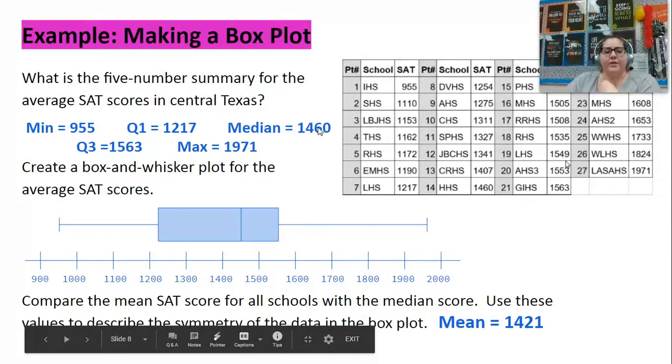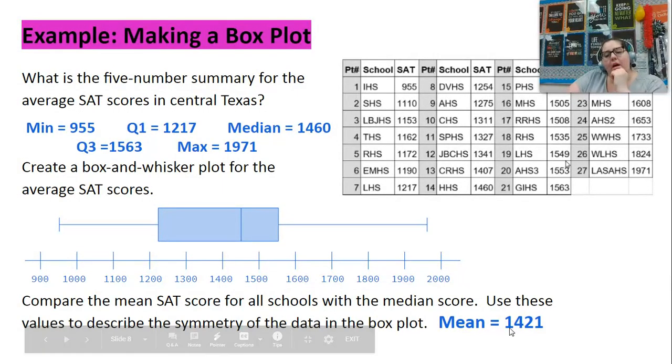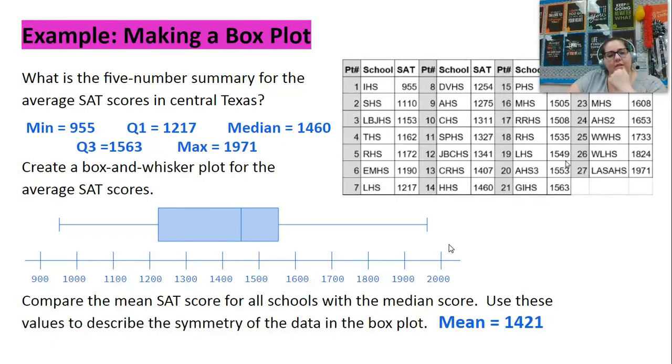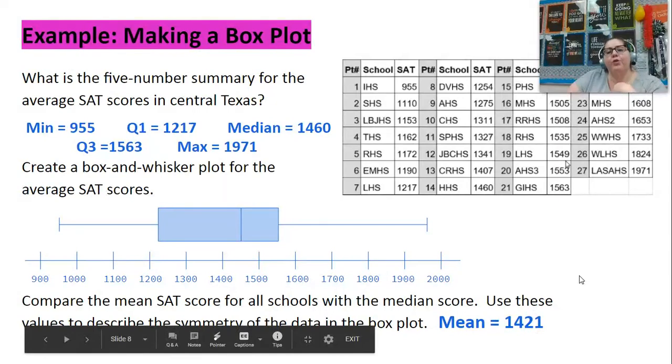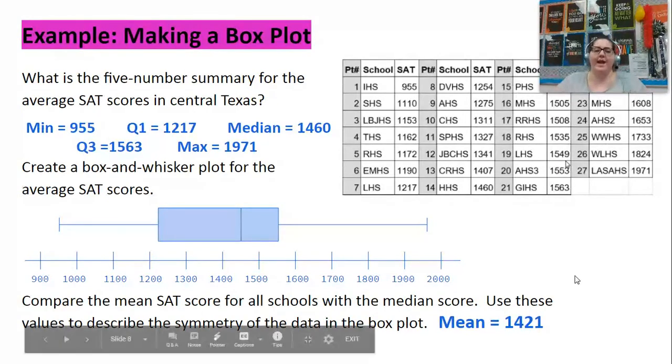My median is 1460. So in order to determine symmetry, remember we look at how the mean compares to the median. If the mean is noticeably less than the median, we know the distribution is skewed to the left. If the mean is noticeably greater than the median, we can say the distribution is skewed to the right. And if they're roughly at the same spot, we can say it's fairly symmetric.